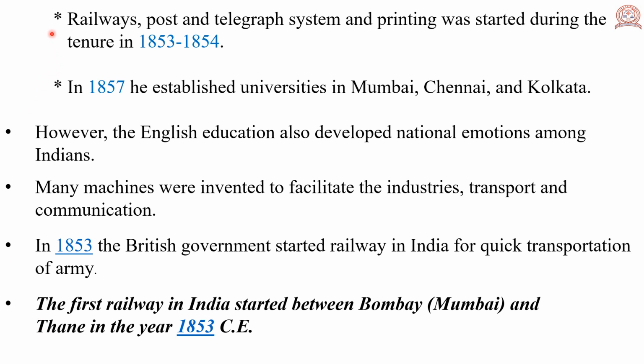Railways, post and telegraph system and printing were started during the tenure in 1853 to 1854. In 1857, he established universities in Mumbai, Chennai, and Kolkata.